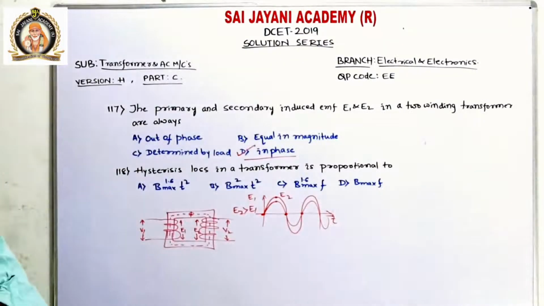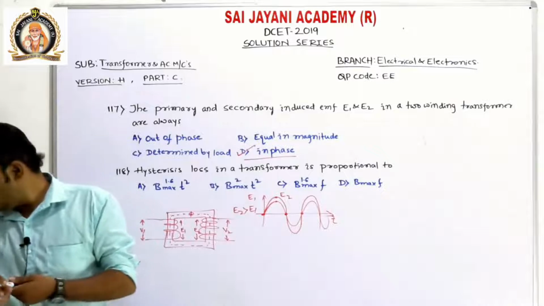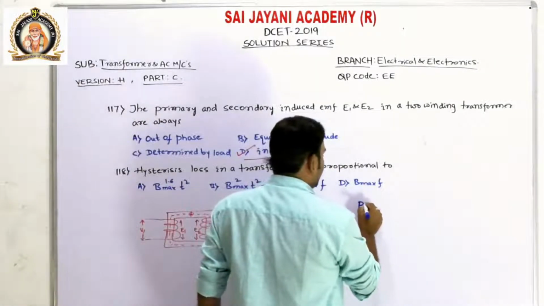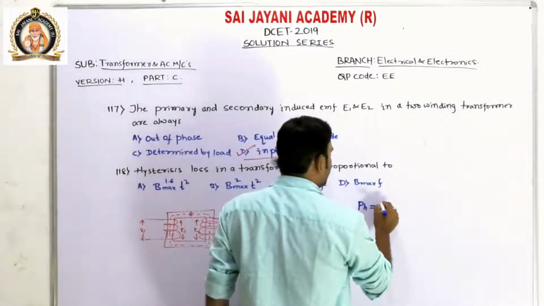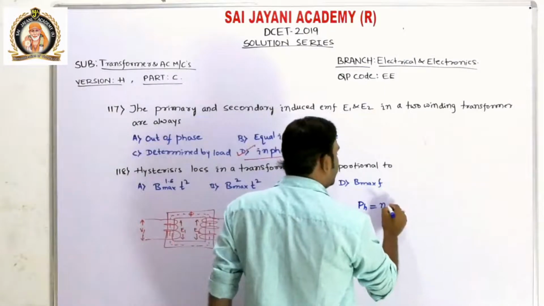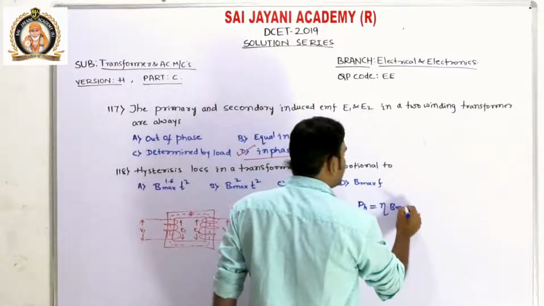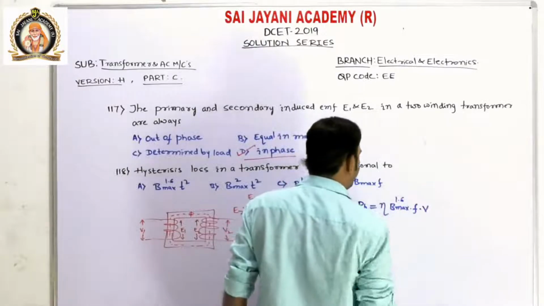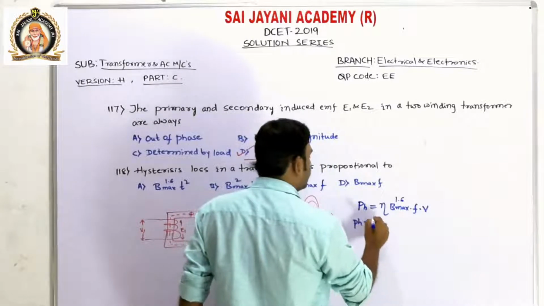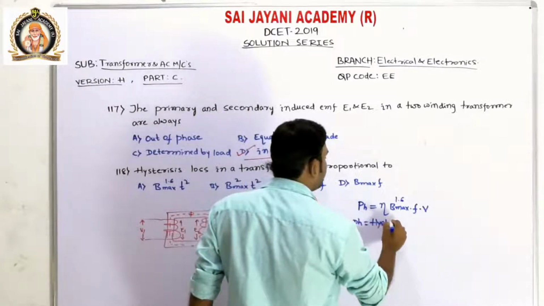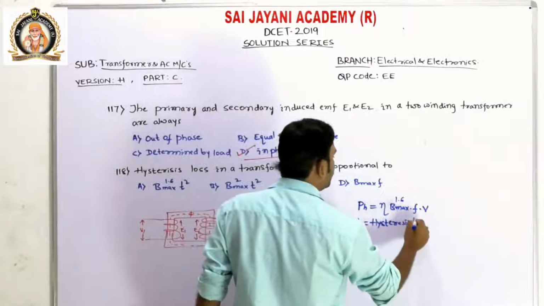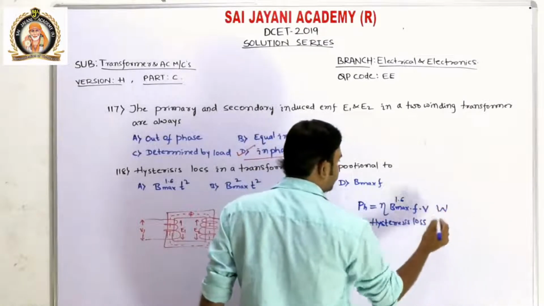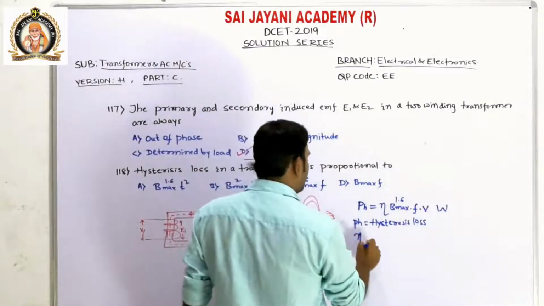Okay, we know the equation. Hysteresis loss equation will be like this: PH equals constant into B max raised to 1.6 into F into V, where PH is the hysteresis loss, it's a power, and the unit is watt, and eta is a constant.